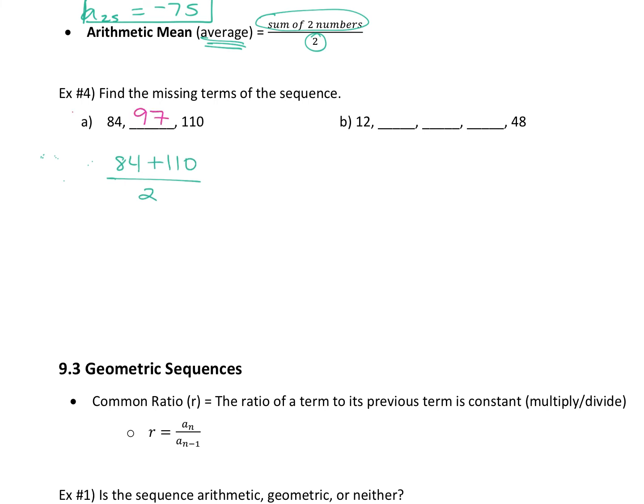Okay, now look at B. You have 3 numbers in between there. What can you do to find those 3 numbers? You do like 48 plus 12 divided by 5. Not divided by 5, but I like the way you're thinking.